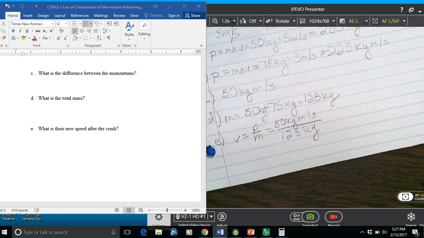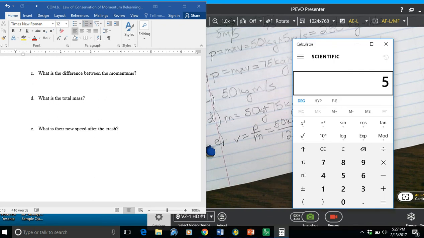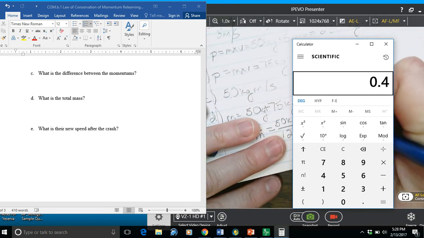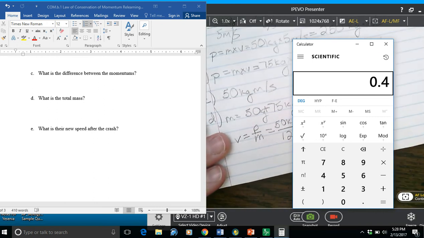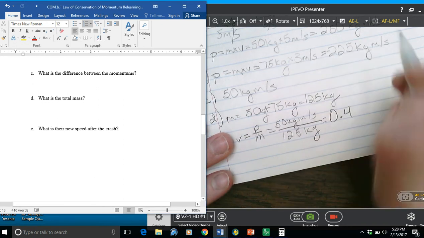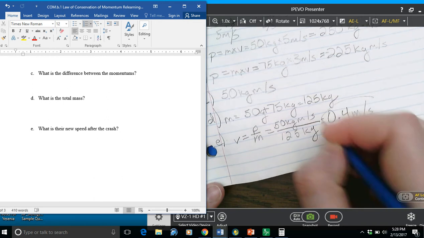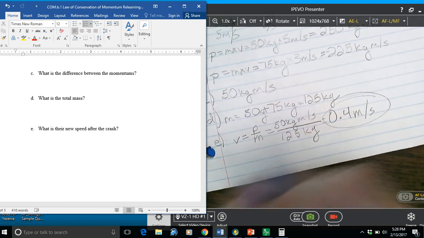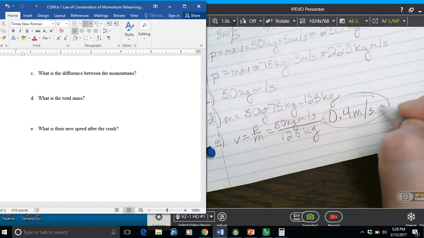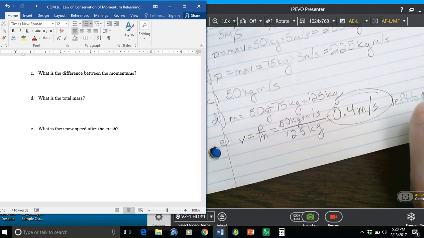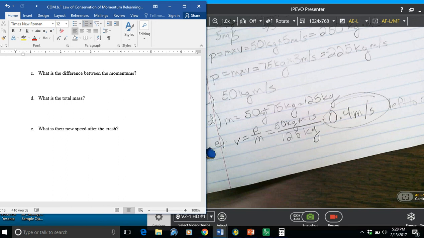And again, if my brain was less tired, I would know that 50 divided by 125 is 0.4, but it's not, and I'm going to cheat. And that's our final speed. And it's going in the direction from left to right, the direction of number 88.